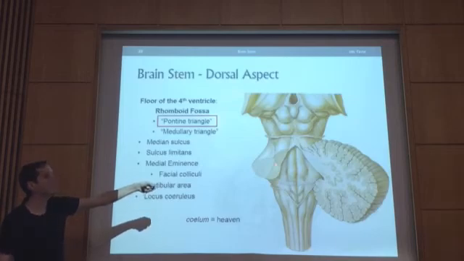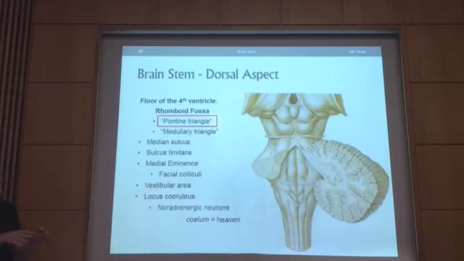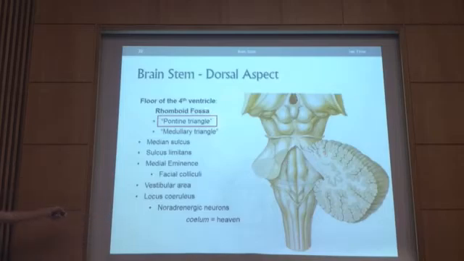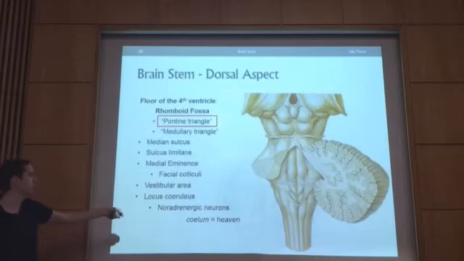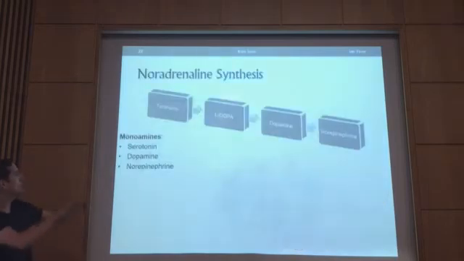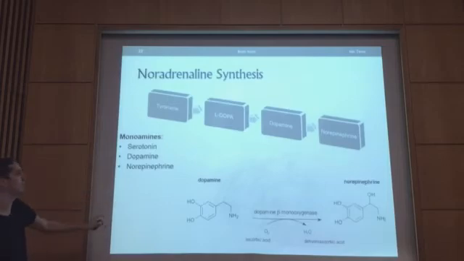And this part is in here. So this is the nucleus. The reason why this area looks blue is because there are neurons there that produce the neurotransmitter norepinephrine, or noradrenaline. It's the same thing. I don't want to frighten you, you told me that you have a pharmacology exam, you don't need to know all of this stuff, right?